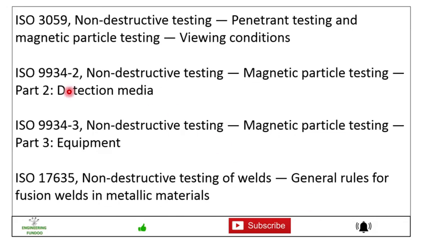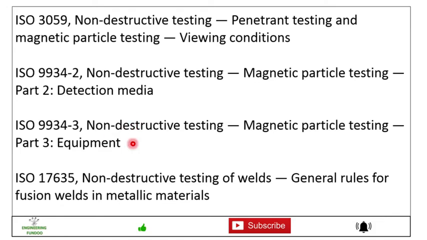Friends, for this you can refer to ISO 3059, that is non-destructive testing, penetrant testing and magnetic particle testing, for viewing conditions. Then also ISO 9934-2, non-destructive testing, magnetic particle testing, part 2, detection media.